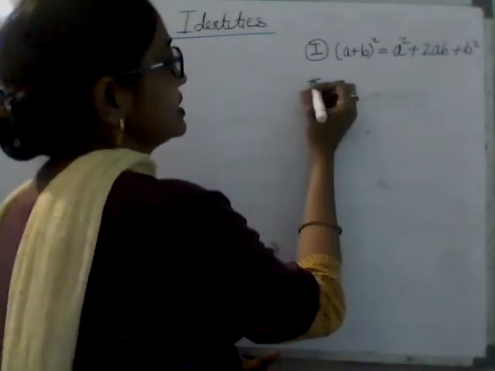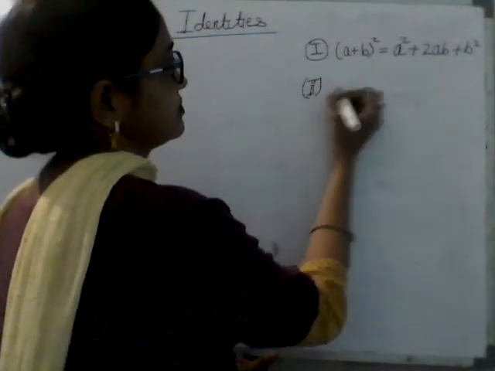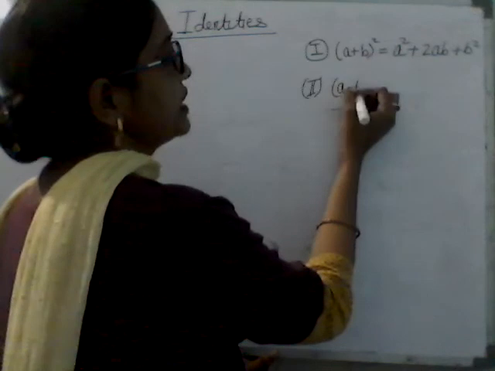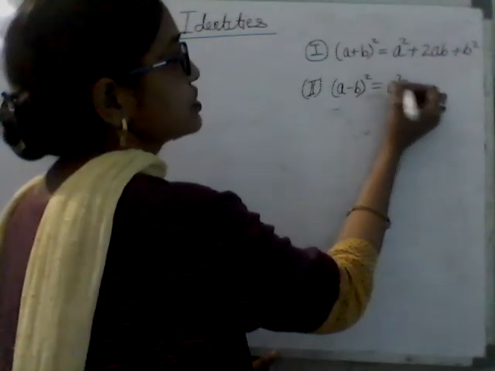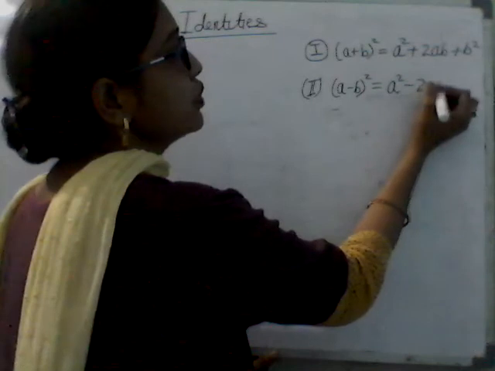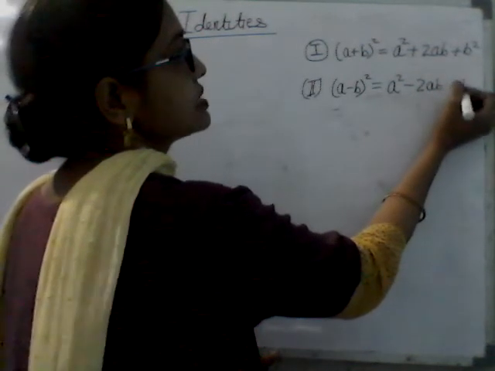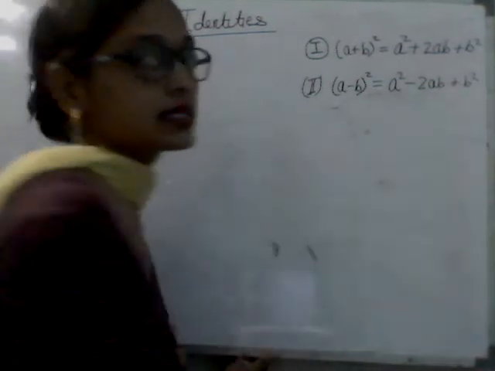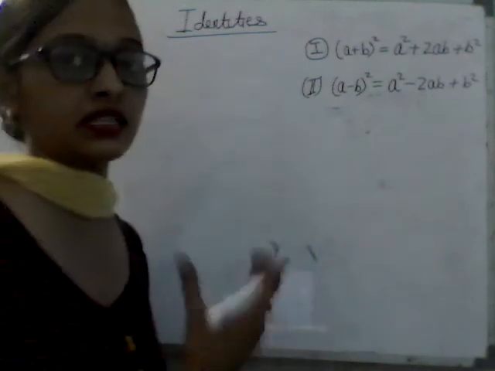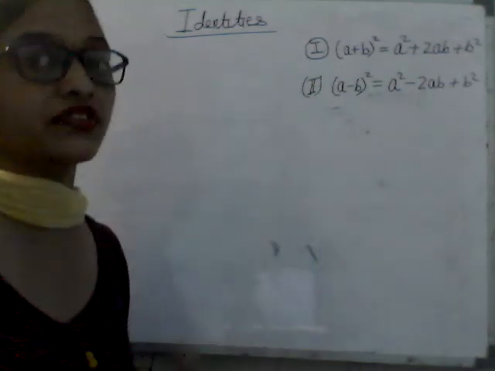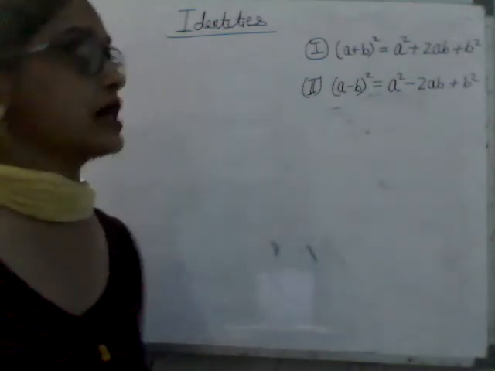The second identity is (a minus b) whole square equals a square minus 2ab plus b square. This is the second identity. By using these identities, we can solve examples.